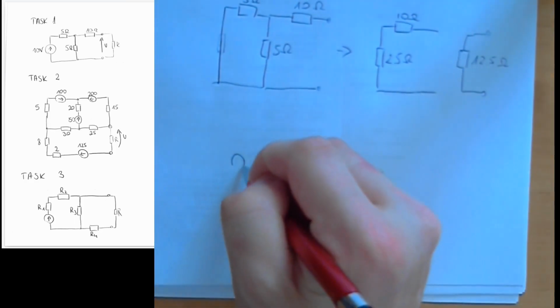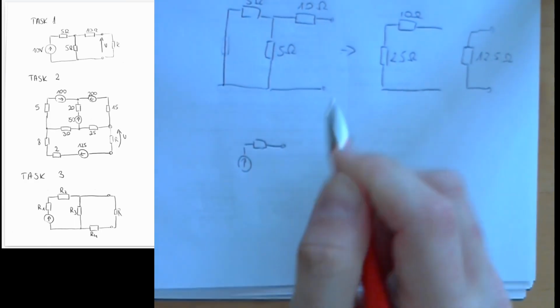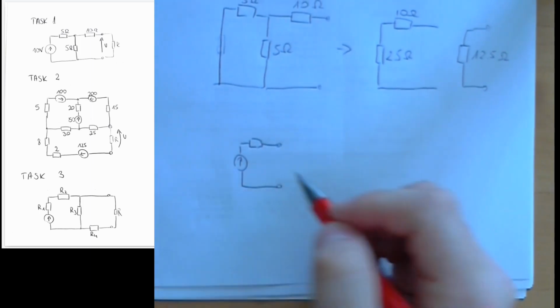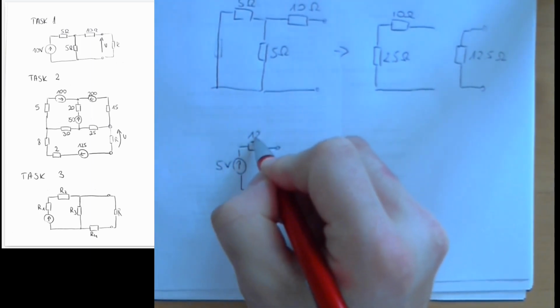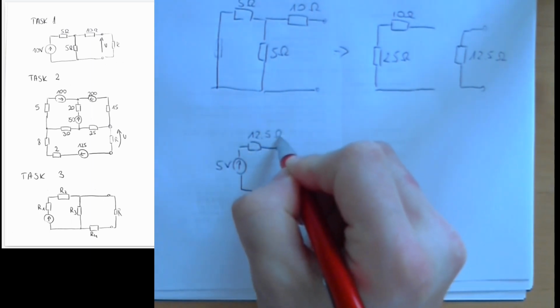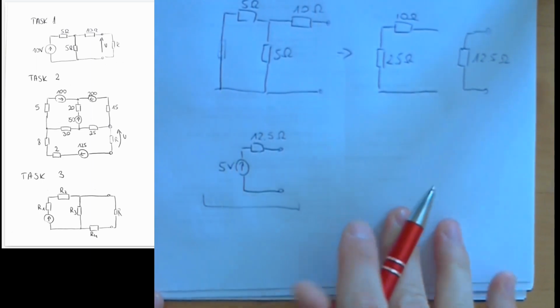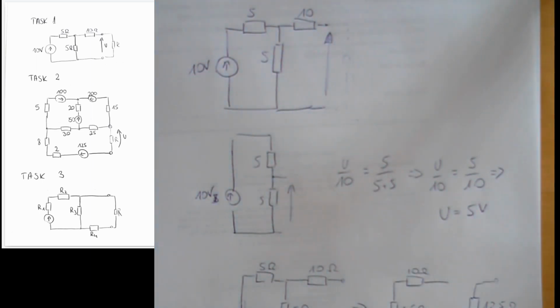We have single source and a single resistor, and its value is of course the one that we calculated. So we have 5 volts right here and 12.5 ohms resistor. Okay, so this circuit is equivalent to this one, and we did that using Thevenin's method.